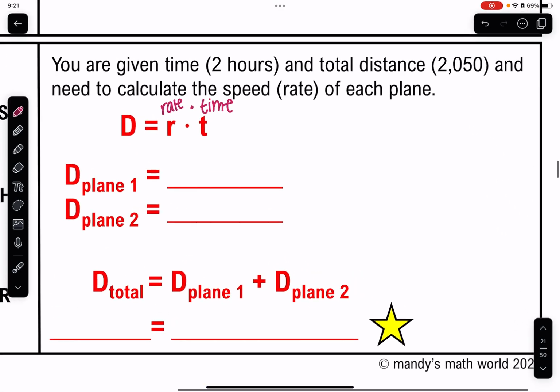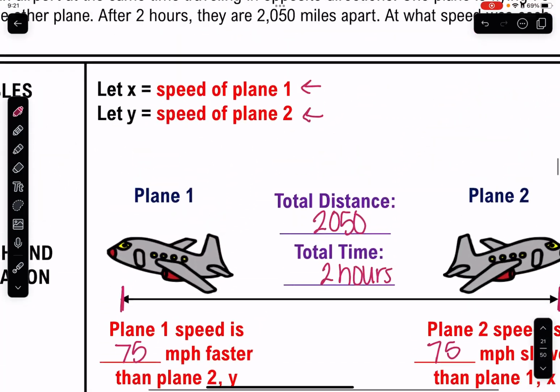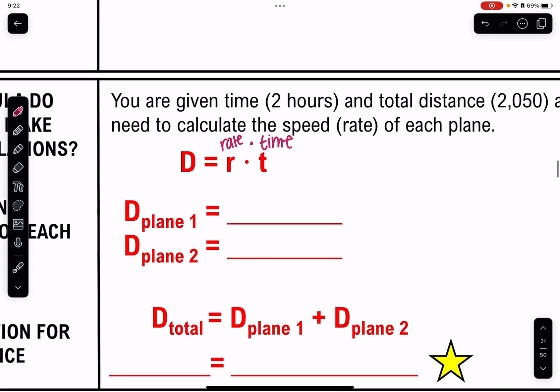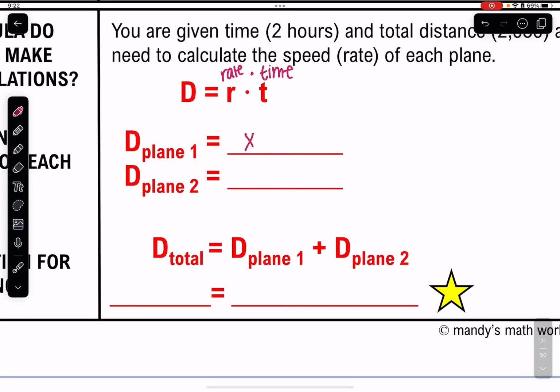So that's our formula. If I want to describe the distance for plane 1, I don't know the speed. That's what I'm trying to figure out. I don't know the speed of plane 1. The speed, or the rate, we said was x up there at the beginning. So this is the same thing as x times time.